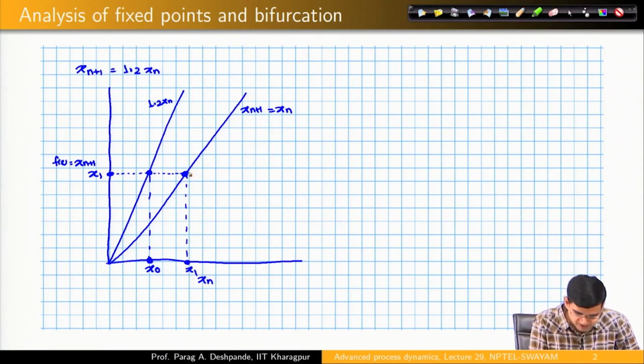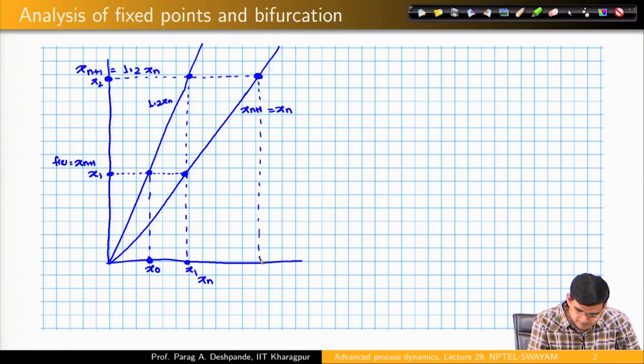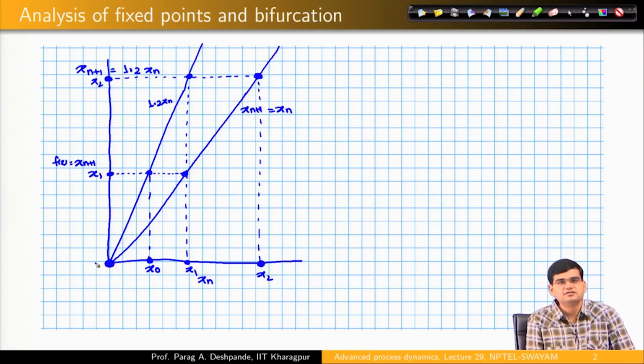And now it is not very difficult to see that corresponding to x 1, the value of the function is this, which means this is x 2, this will become x 2 and so on.